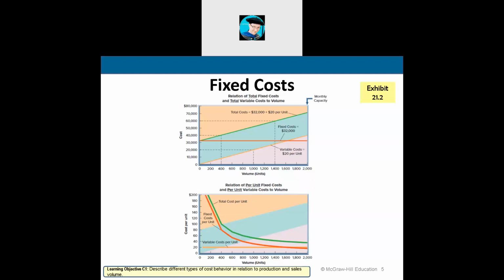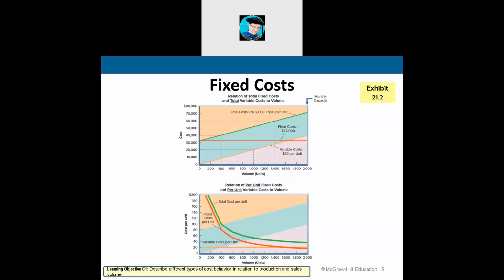Okay. So take a look again at the chart on the top. You'll see the lighter orange, almost yellowish line. It says variable cost equals $20 per unit. And you see it goes upward and to the right. It represents the increase in variable units as more units are sold.